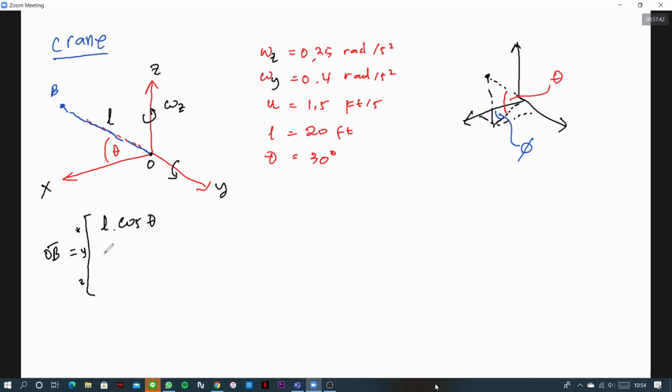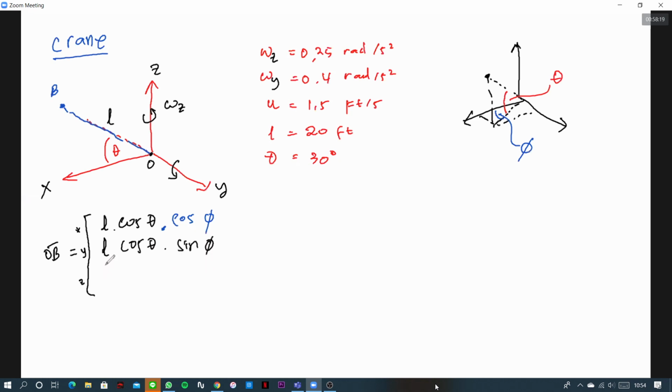All right, and then for the y component, usually other than cos theta you still need cos phi, but in this case it is 0. For the y component you will have L, still cos theta, and sine phi.